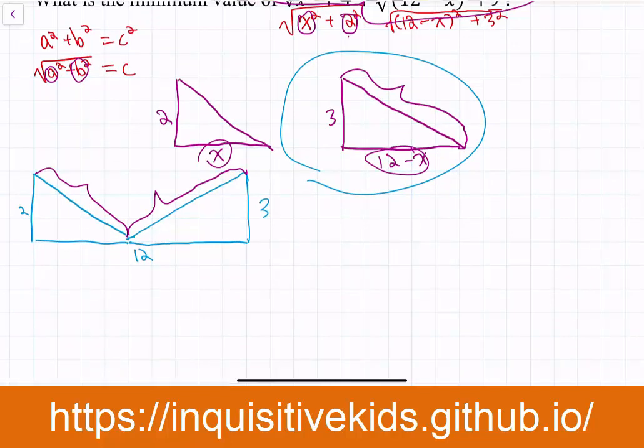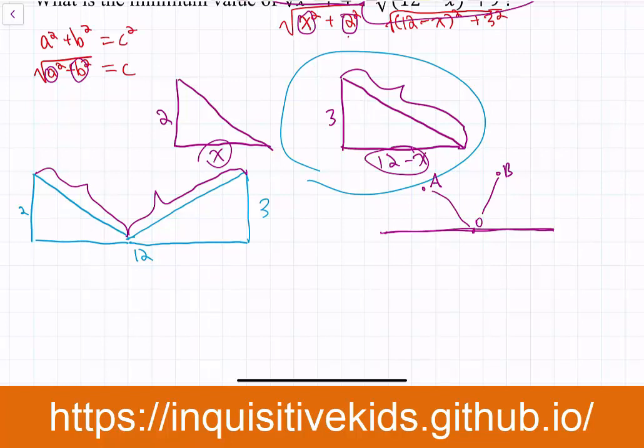Remember when we learned about reflection and how we can use reflection to help us solve word problems? For example, let's say you have a river and you have factory B and factory A. And you want to build a port along this river, anywhere on this river, so that the distance from A to, let's say, O, this is the port, and O to B are the smallest as possible.